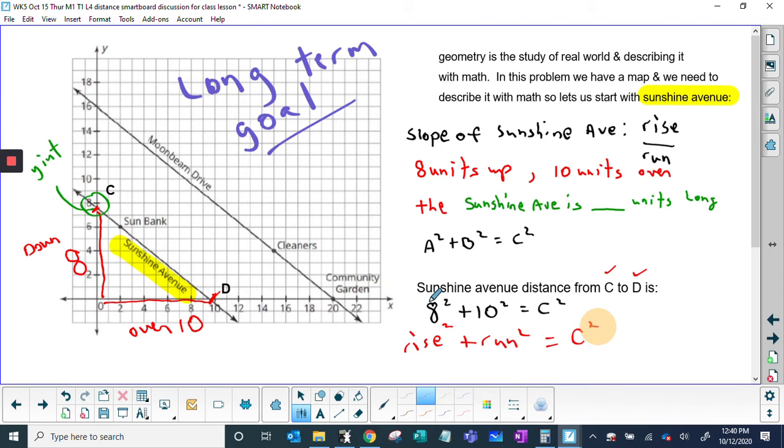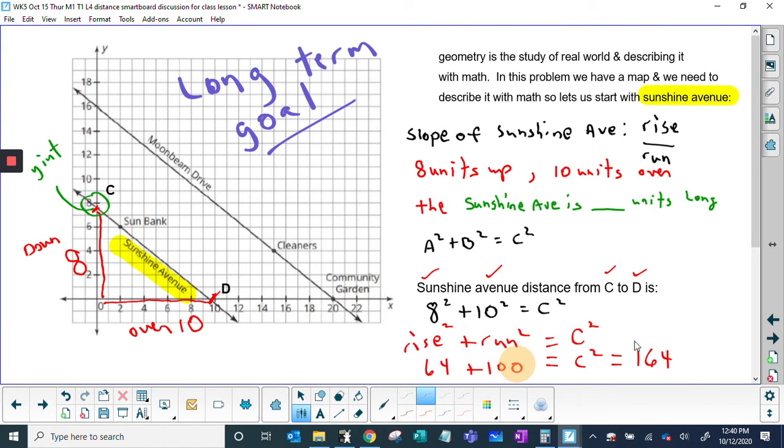In this case it would be 8 squared plus 10 squared is equal to c squared. That's why the other day we had to practice using our calculators. So 8 times 8 will be 64, and 10 times 10 will be 100. So c squared is 164.